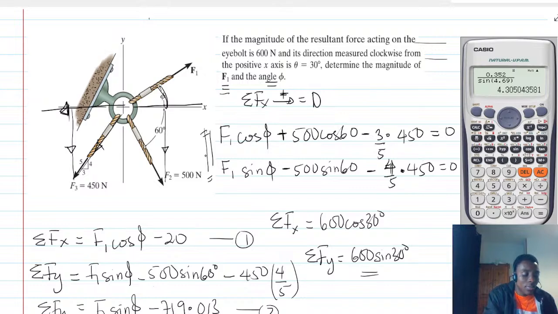Is that right? I want us to look at forces in space, 3D forces. Let's look at 3D forces, forces in space.